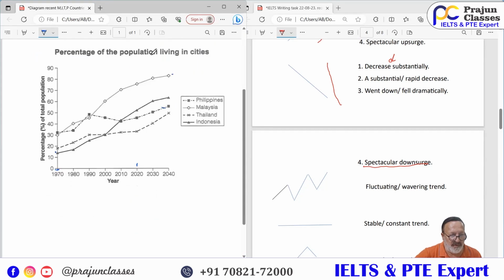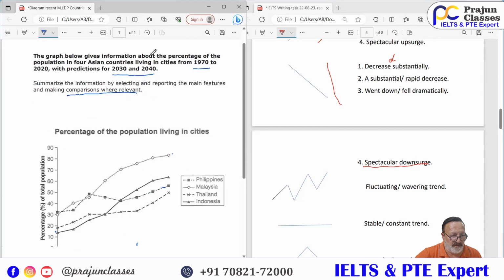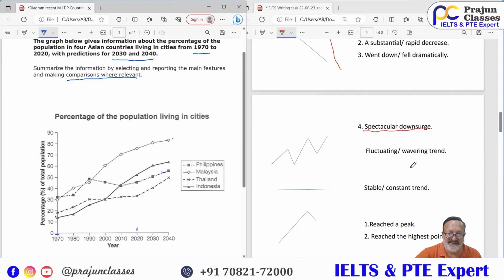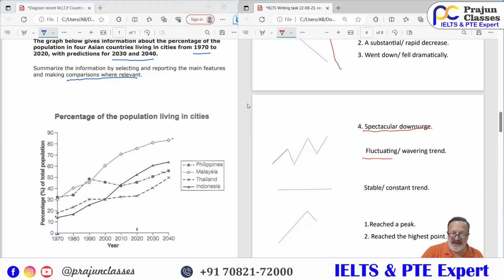Now you can have even a fluctuating or a wavering trend. Those were going up smoothly, but if it is fluctuating like this, then we have to say the graph experienced or witnessed a fluctuating trend or a wavering trend. It could be stable, constant. So this we have to say a stable or a constant trend.